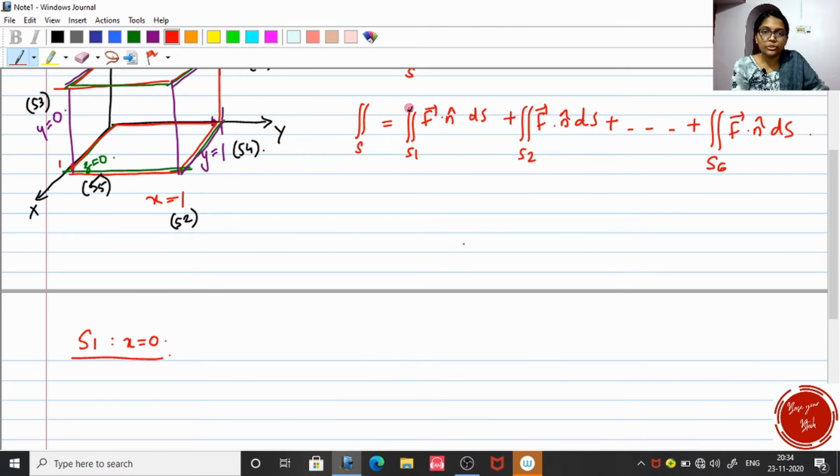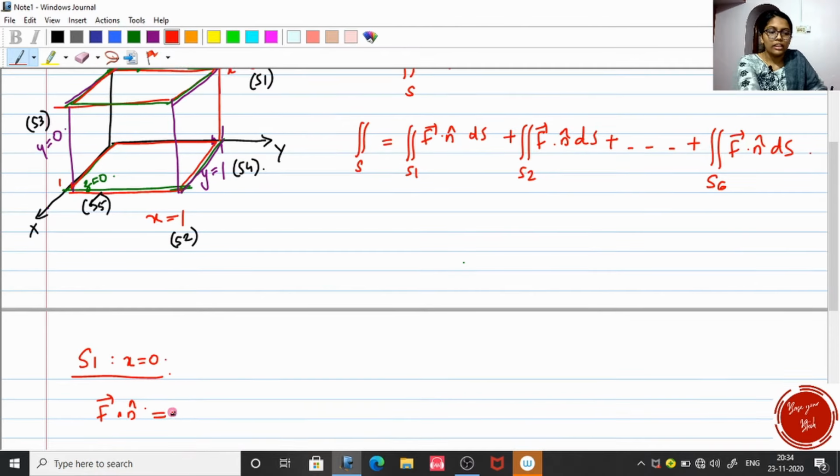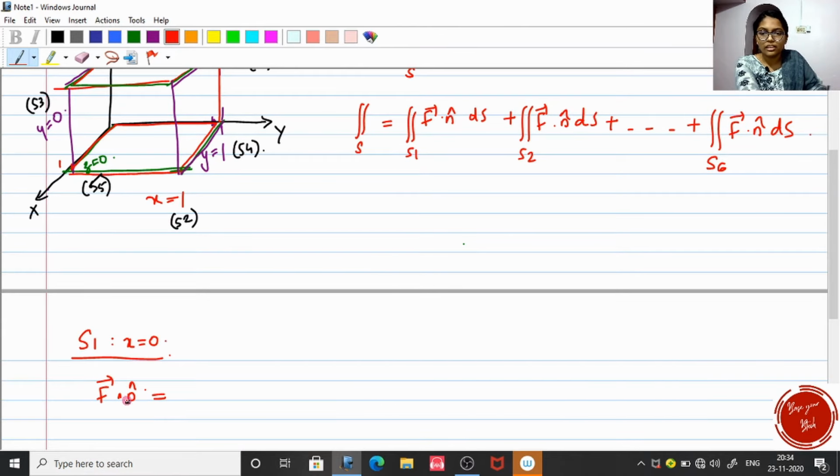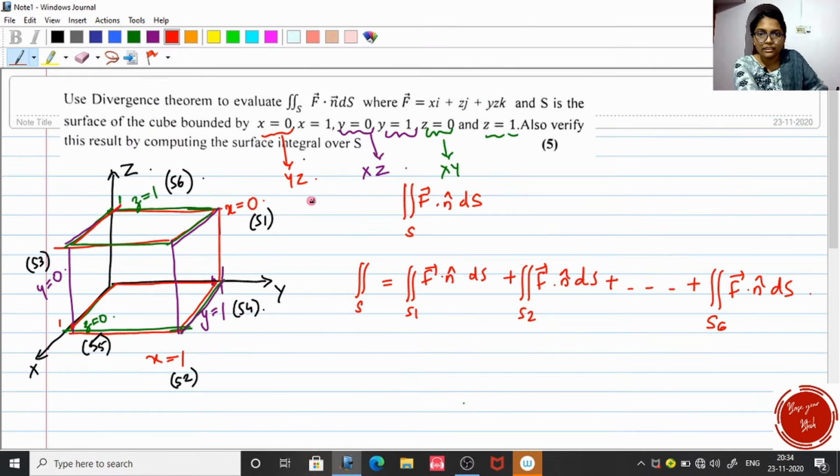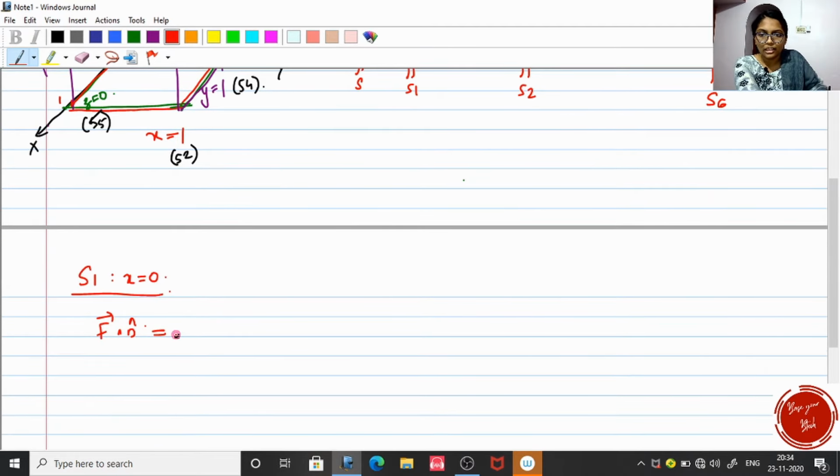Remember we are going to do this double integral over S1 of F dot n cap dS. So, what is F dot n cap? Vector F is given, which is xi plus zj plus yzk, dot, and what is n cap? n cap is the unit vector which is perpendicular to the surface S1.